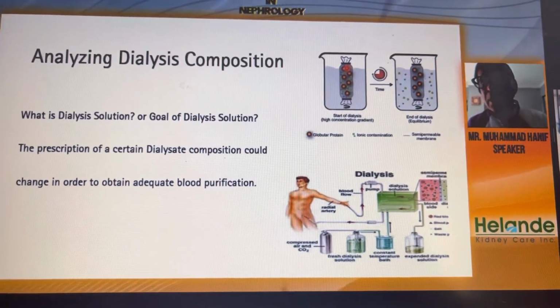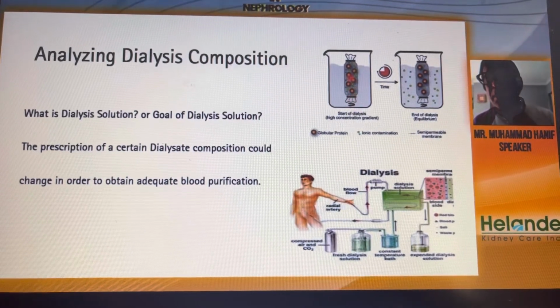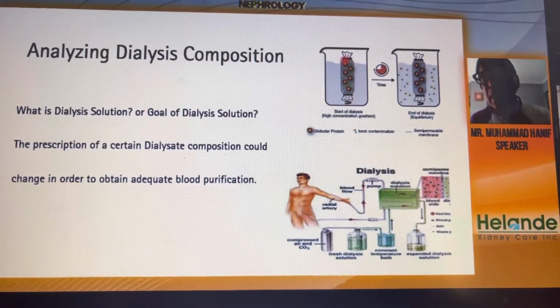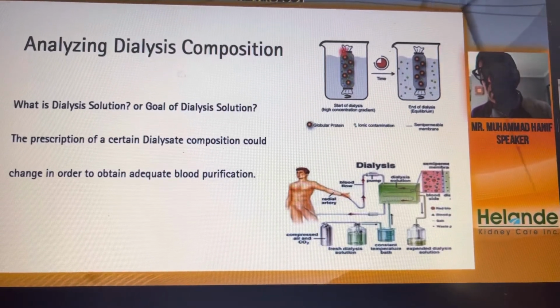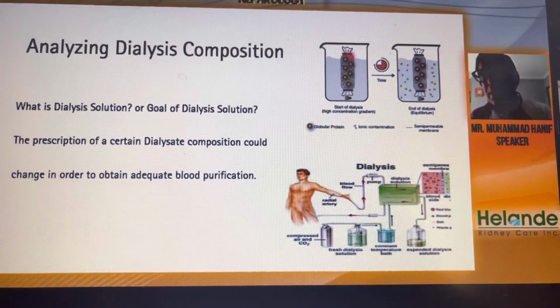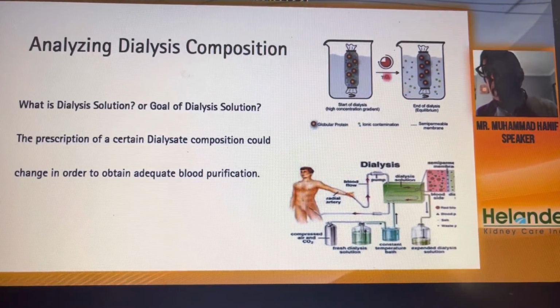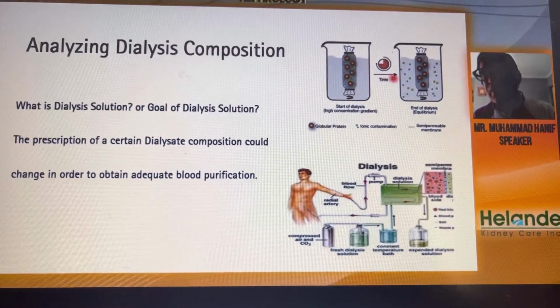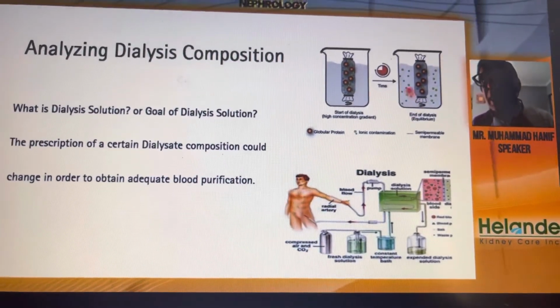At the start of dialysis, it's a very high concentration gradient. Slowly and gradually, the solutes move from the higher concentration to the lower concentration, and at the end of the dialysis we call it equilibrium, meaning everything will be equal already.